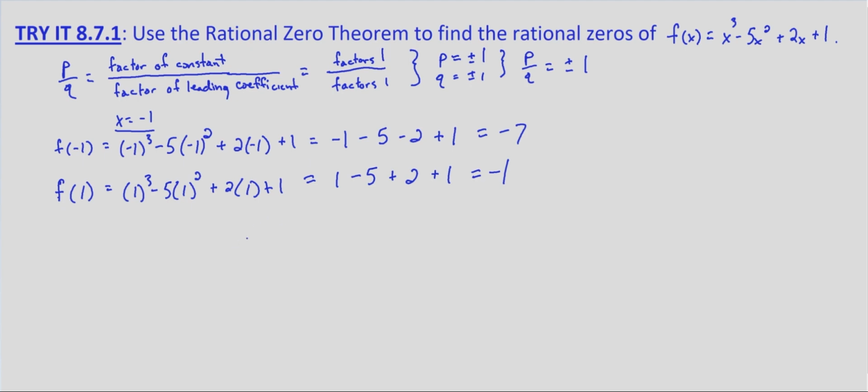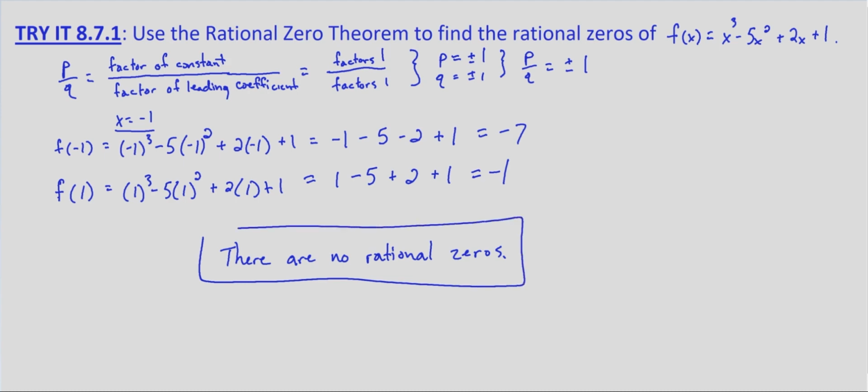So in this case, there are no rational zeros. So any zeros for this function would be in the complex number system.